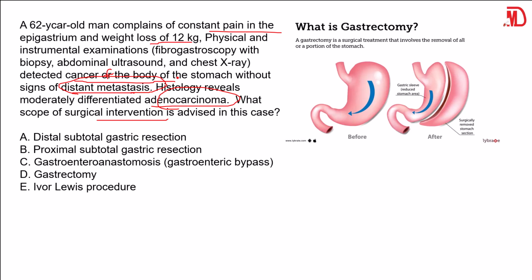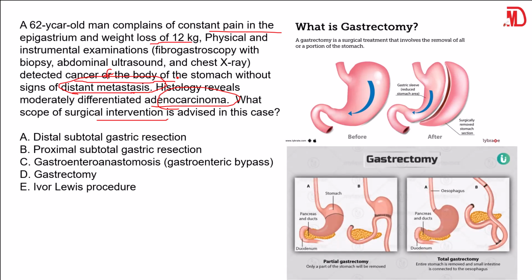We have the partial, we have the total, and so on. Total gastrectomy refers to the whole stomach being removed. Partial means the lower part of the stomach, or the antrum, is removed.